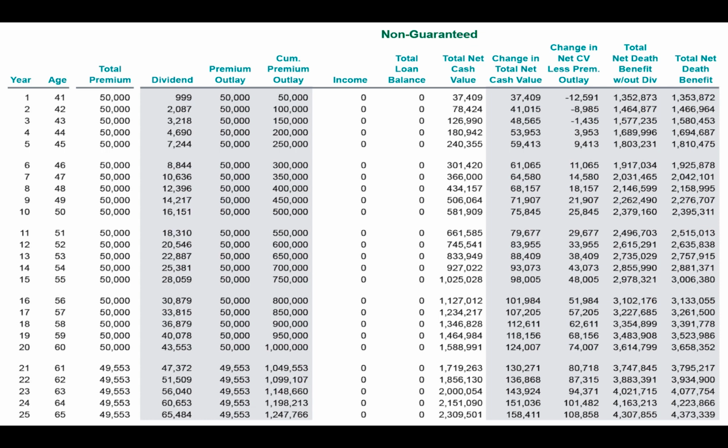But what most people don't know is that banks will lend on life insurance as well. If you are an individual with a high net worth and have a net worth over $20 million, banks will lend you the premiums to buy a life insurance policy such as this. It's called premium financing.